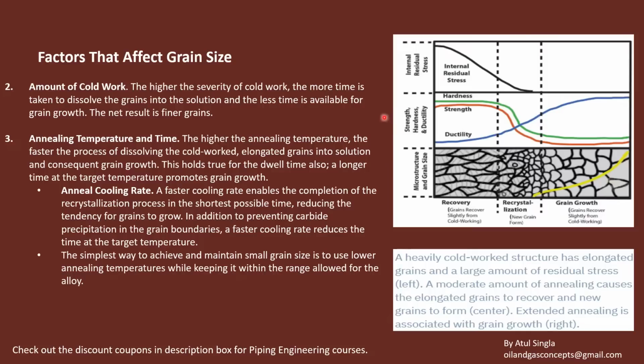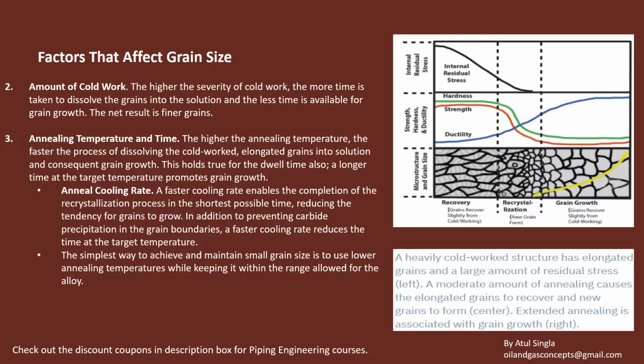If we are performing the moderate annealing, then the elongated grains will be coming back to their original sizes. This will be recovered and new, smaller grains will be formed. That means more grains will be available within the particular volume.